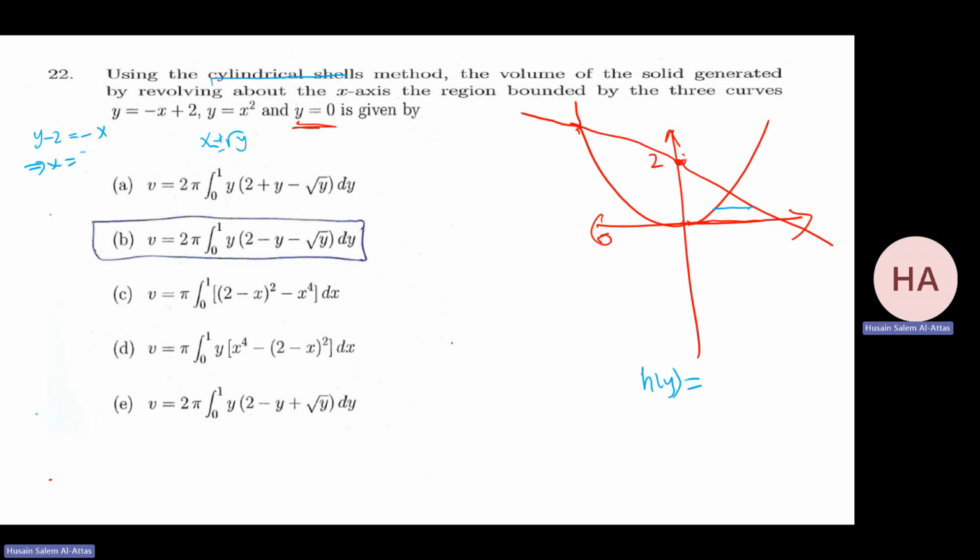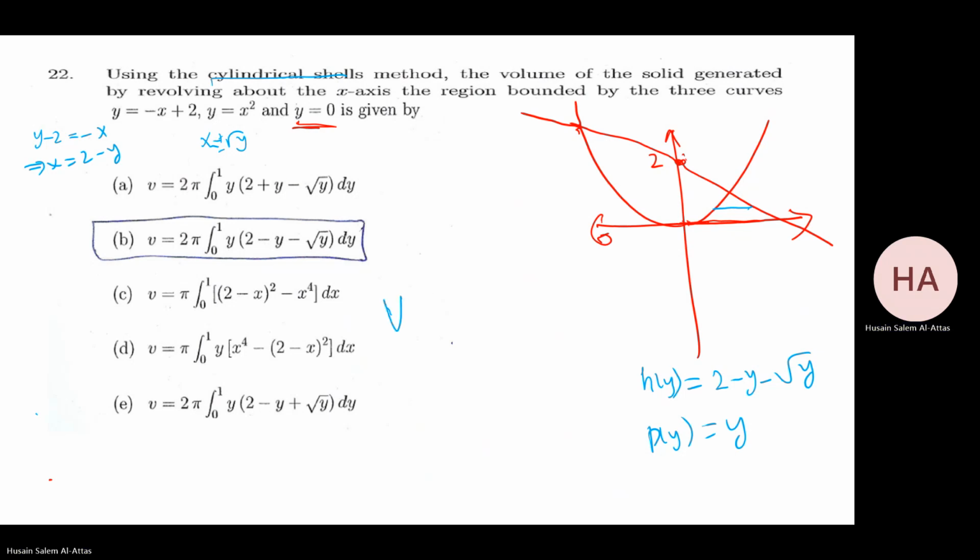So I have x equal 2 minus y. In this region, the upper is the line minus the parabola. So it will be 2 minus y minus the square root of y. That will be h of y, the length. And what is p of y? It will be y, since the axis of revolution is the x-axis.